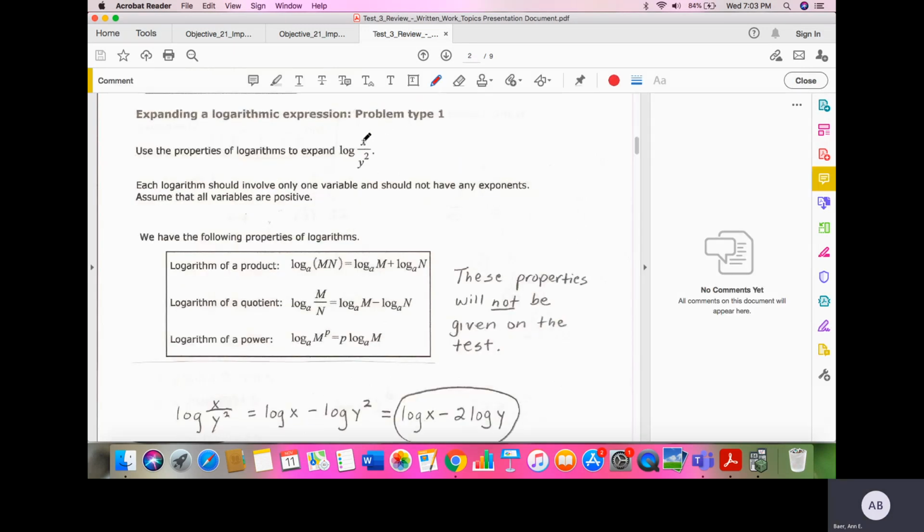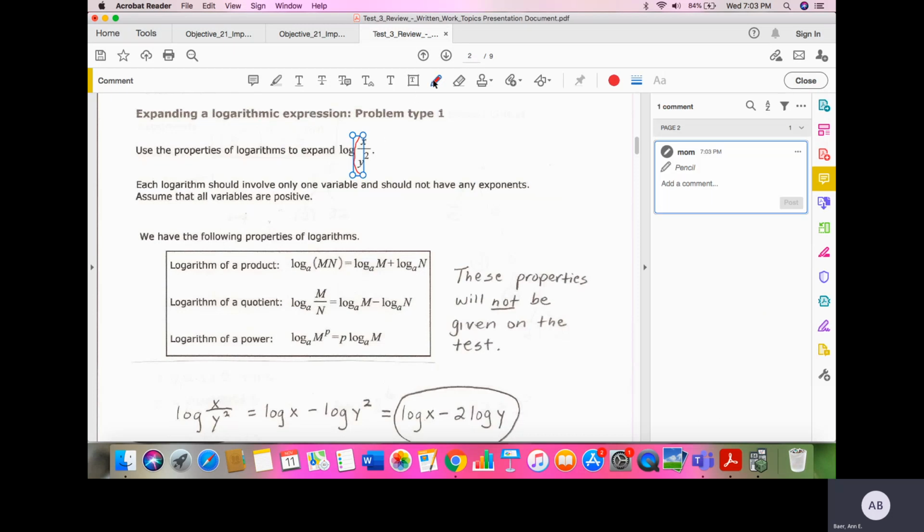So what I want to do is put parentheses around this argument, like that. Every logarithm consists of 3 parts: a log, a base, which could be understood, and an argument. All 3 parts together, for any x and y in this case, represent one real number.